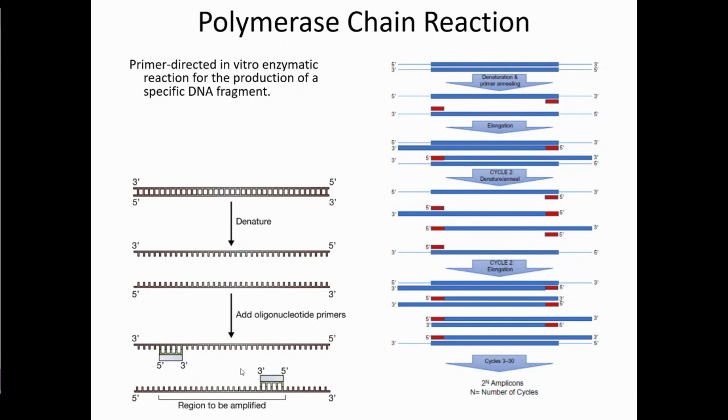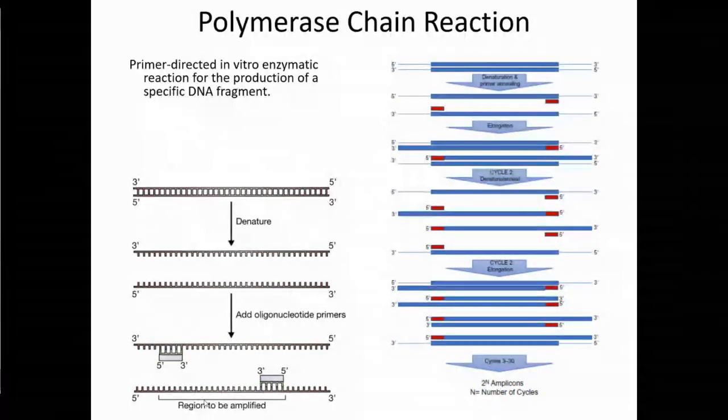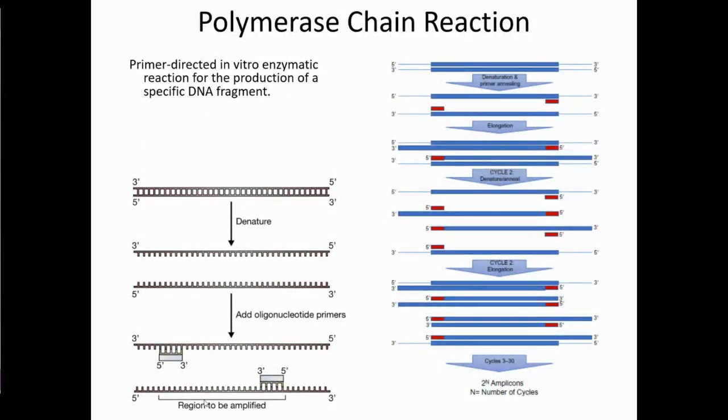It's sort of like in vitro DNA replication, a DNA synthesis reaction, and an enzymatic reaction. When we discussed replication, you know that we need a DNA polymerase to perform the DNA synthesis.